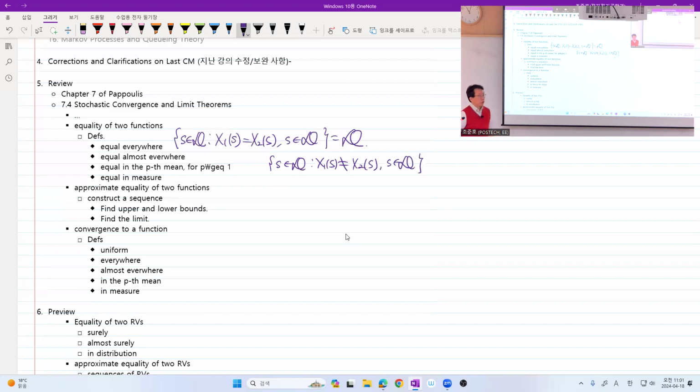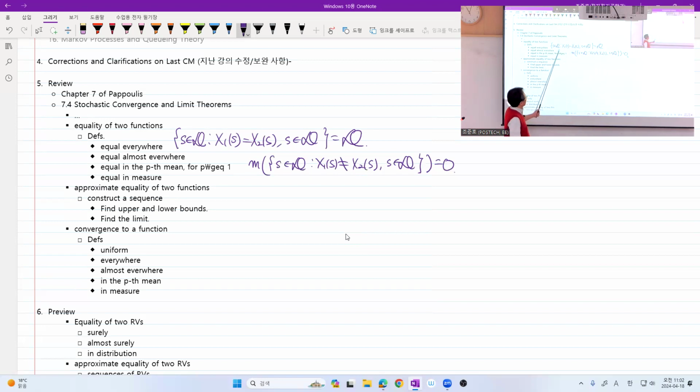And we don't compare this with an empty set because it is not necessarily empty, we just take the measure of it. And if this is 0, then we call the two functions with the common domain equal almost everywhere. So here, what is important is that we compute the size of the set where the two functions are different.